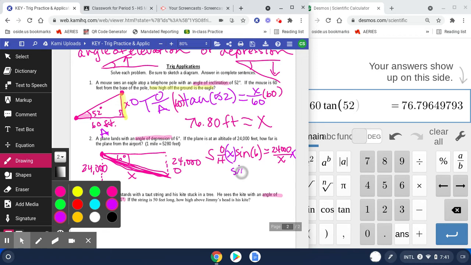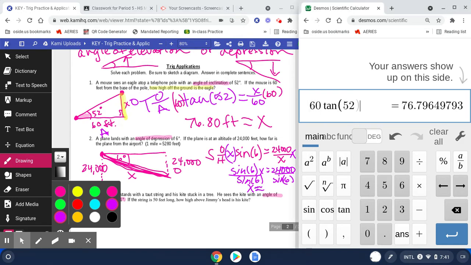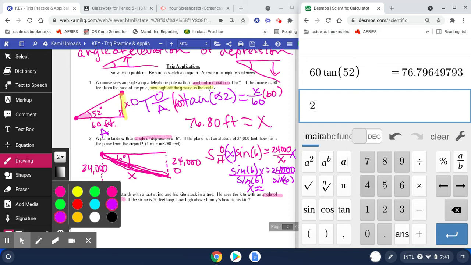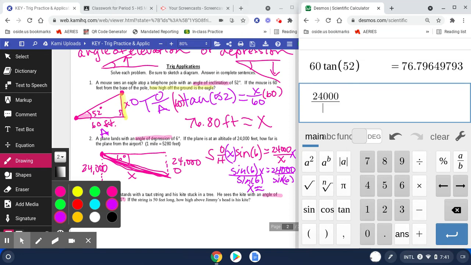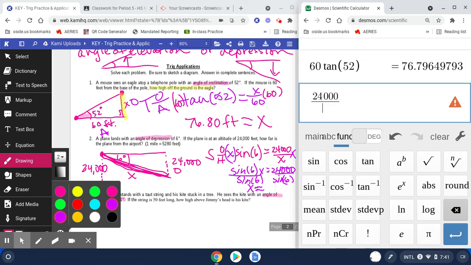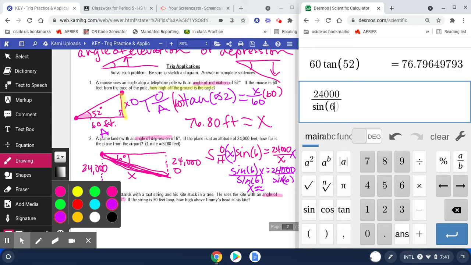And then we get the sine of 6 times x is equal to 24,000. And then we have to divide both sides by the sine of 6. So we get that x is approximately 24,000 divided by the sine of 6.